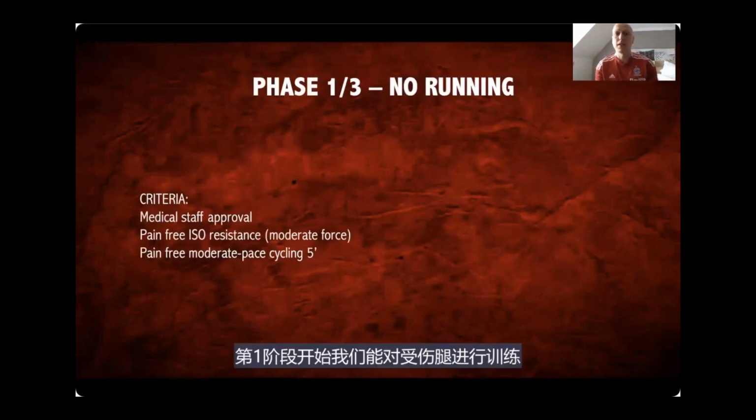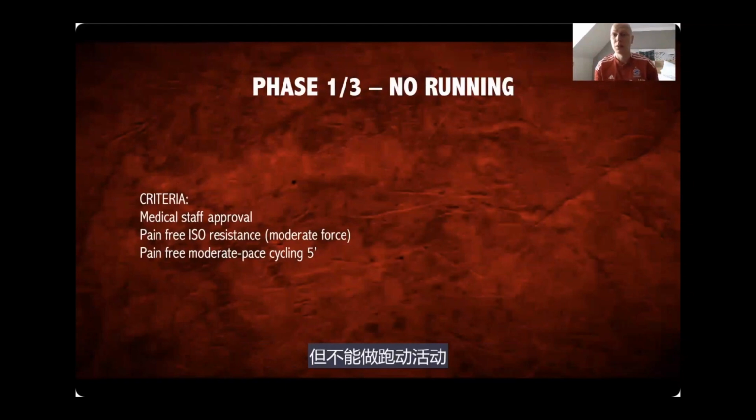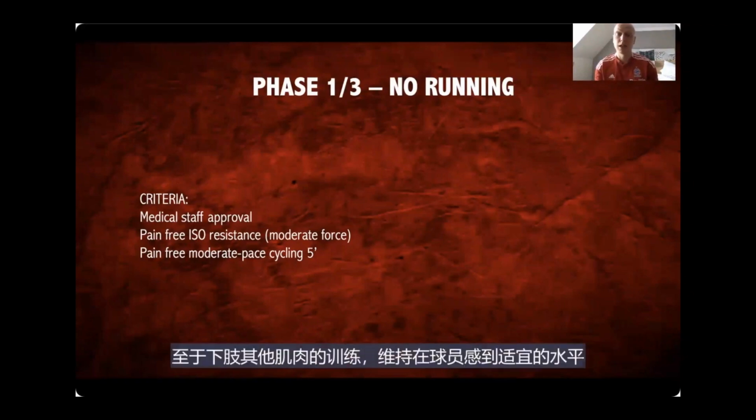Then phase 1 is the phase where we start working on the injured leg, but definitely we do not have any running activities. So we can do a lot of isometric resistance exercises for the injured hamstrings and for other muscles in the lower leg. Of course, with some kind of low to moderate force.